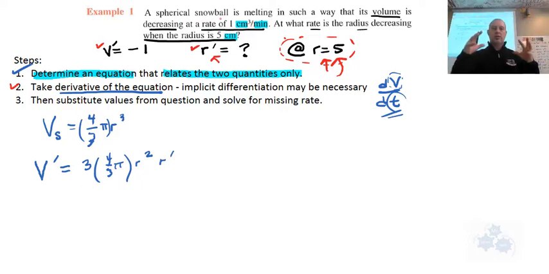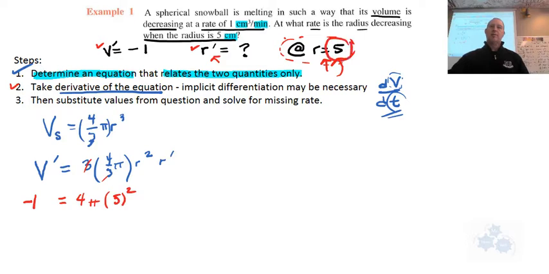It's constant throughout. The volume is decreasing at a certain rate. So that one is okay. Just plug that in. It's -1. R prime we don't know, but r we do. So this is what it looks like. It looks like a -1 over here. Those 3's are gone. This is going to be 4 times pi times 5 squared.